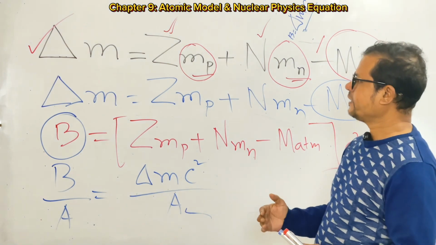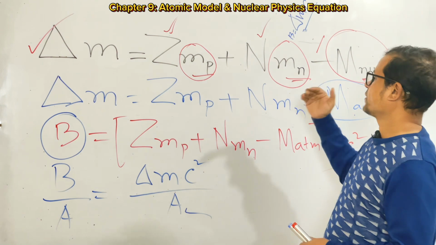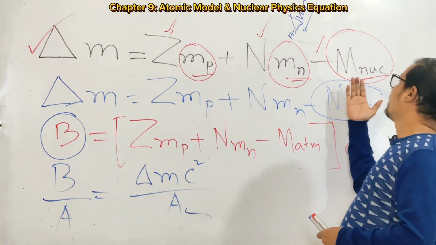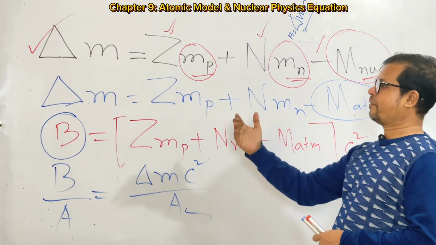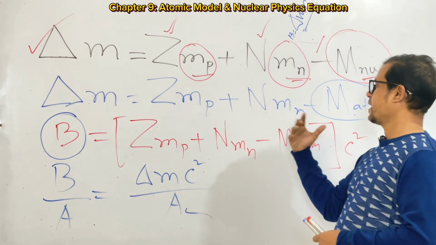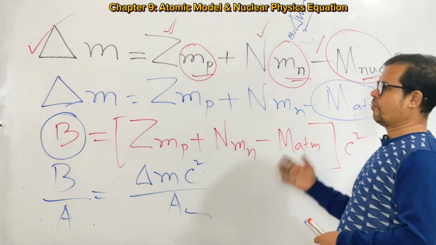Finally, I say the delta M formula is Z Mp plus N Mn minus M nucleus, or you can say delta M equals Z Mp plus N Mn minus M atom.